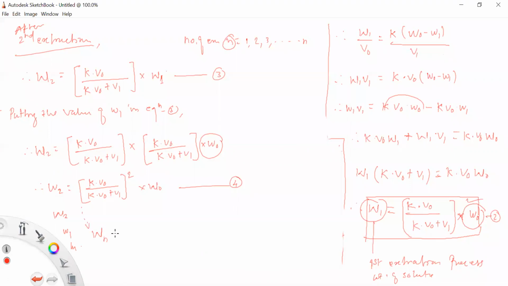So therefore Wn is equal to K into V0 upon K into V0 plus V1 raised to power n, nth टाइम आहे म्हणून n नंबर ऑफ प्रोसेस आपण करतोय. सो nth टाइम into W0. So this is your equation number 5.